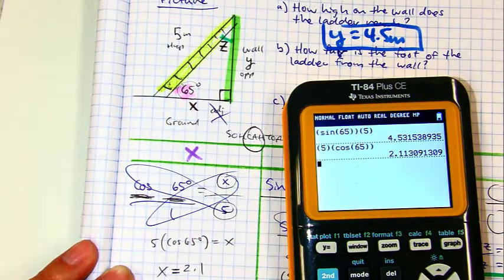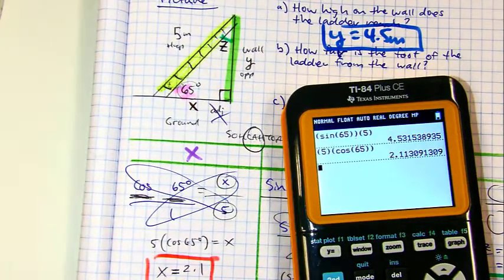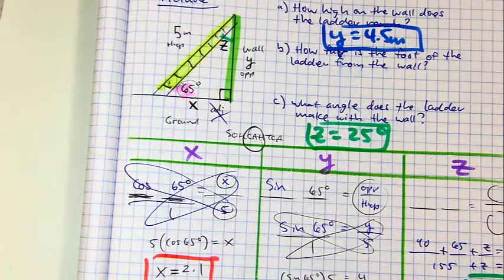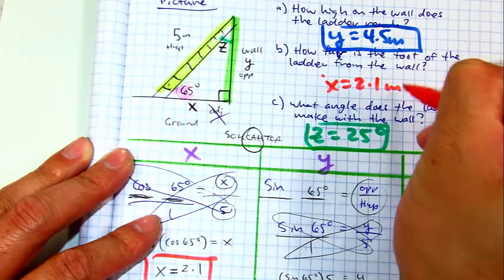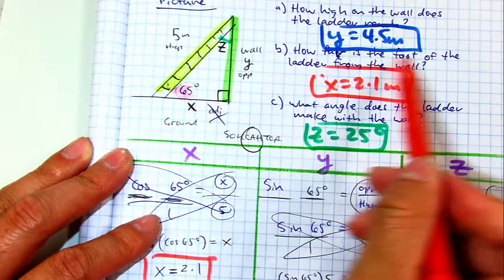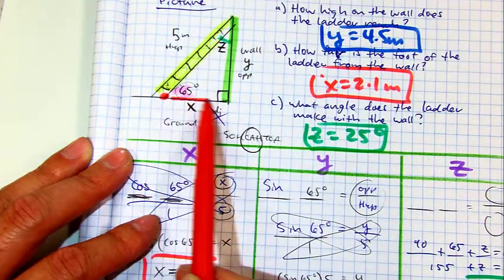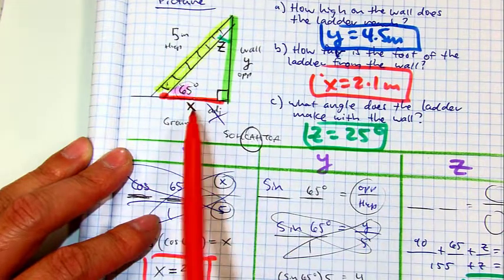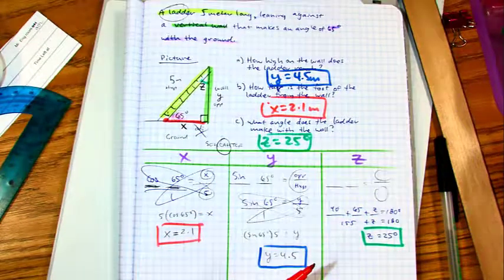Raise your hand if you got 2.1. Nice. And Jesse V, which question does that answer? So, how far is the foot of the ladder from the wall? And that would be 2.1. So, take your time drawing your picture. Think about if it makes sense.